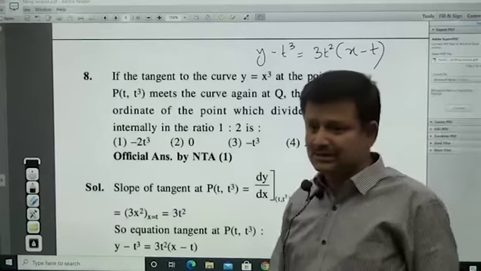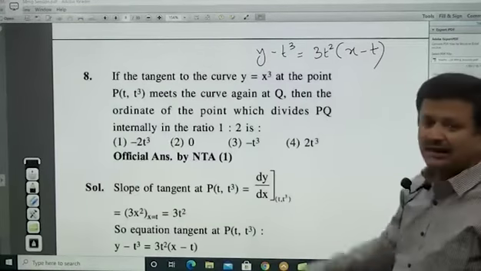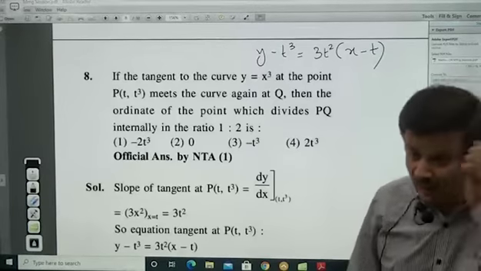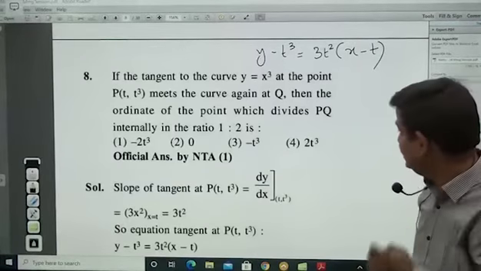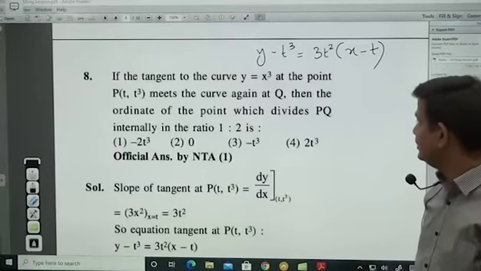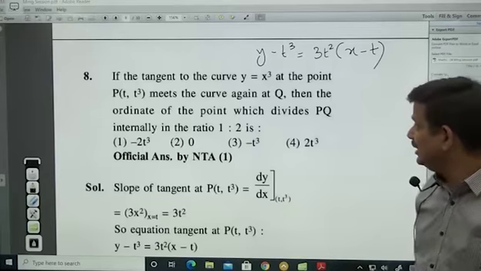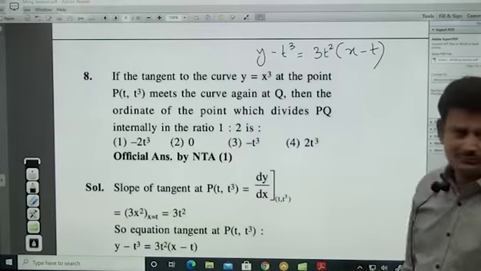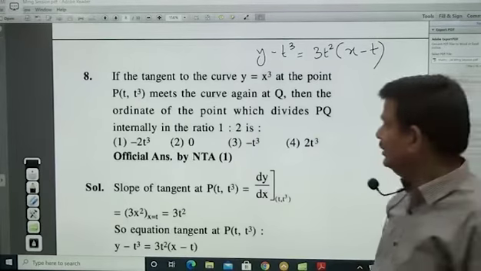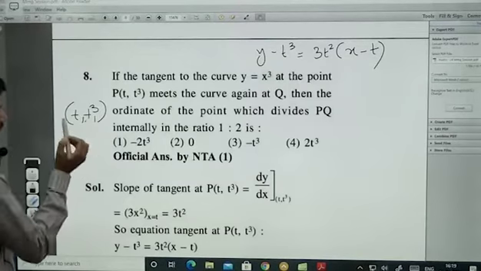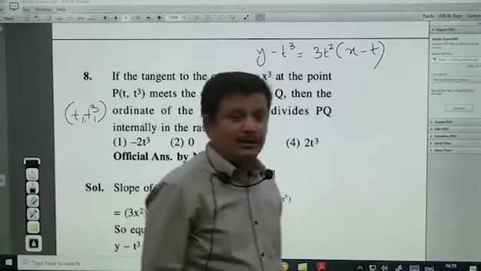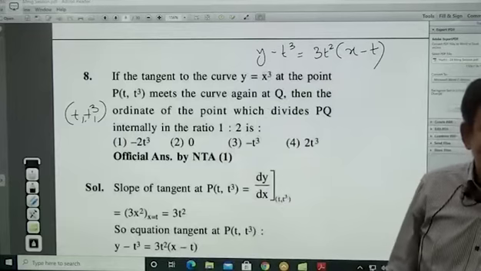That will be the tangent. It meets the curve again at the point T1 comma T1 cube.